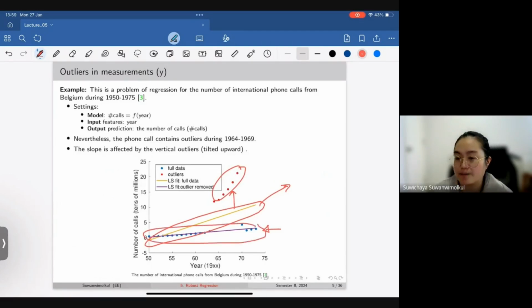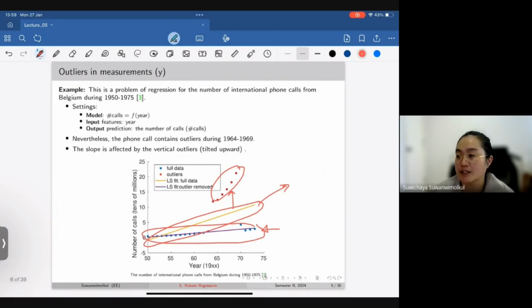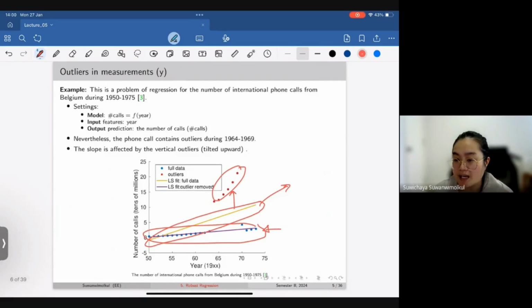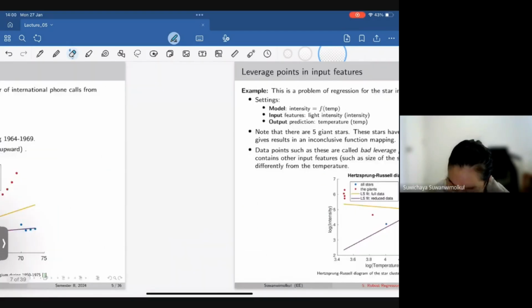So that's the initial idea why people may consider removing them and using the rest of the data to re-estimate the parameters in the linear regression.